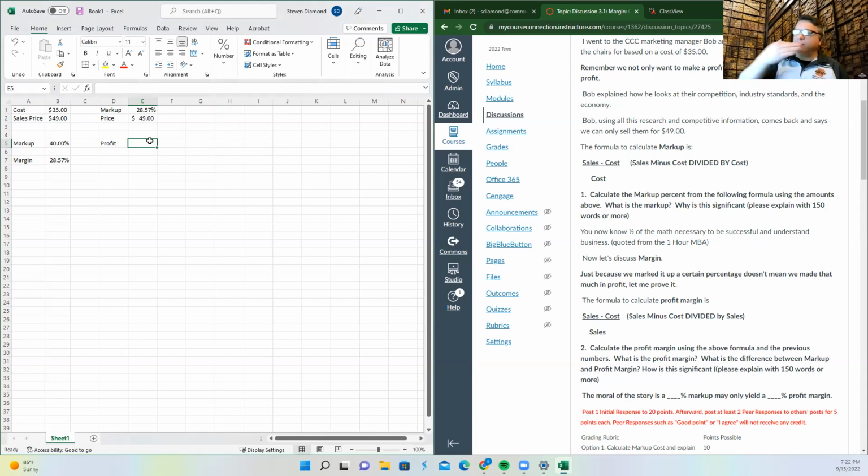At some point, we want to see what we're making per item, right? So that's just a simple formula of your price minus your cost. And you make $14 a chair, and you have to know whether that's enough. Or you want to make $18.85 a chair. Everybody kind of good with that concept?